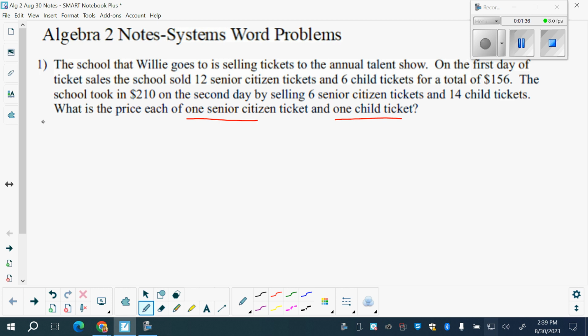So I'm going to make X the price of a senior citizen ticket. Doesn't matter what letter you use. You could use S if you wanted to. And then I'm going to make Y the price of a child ticket.